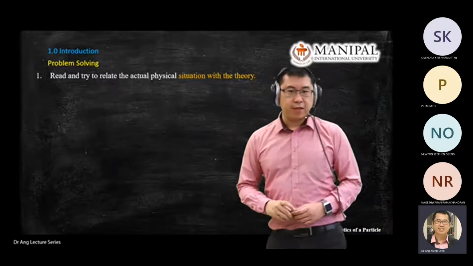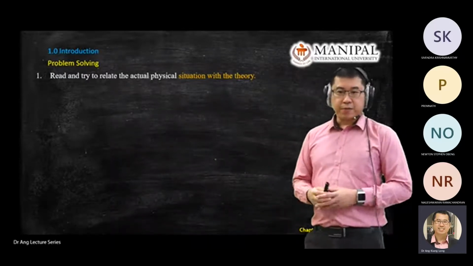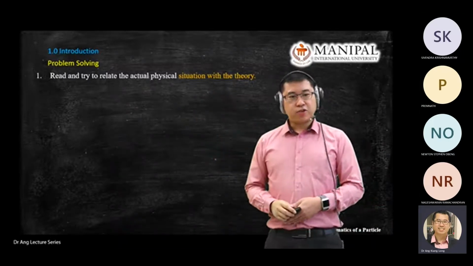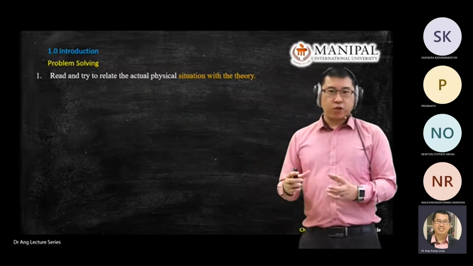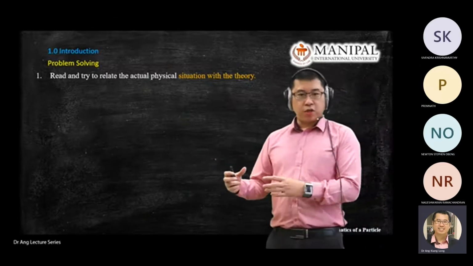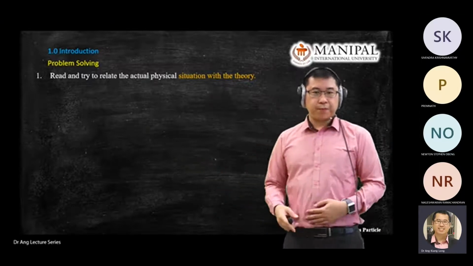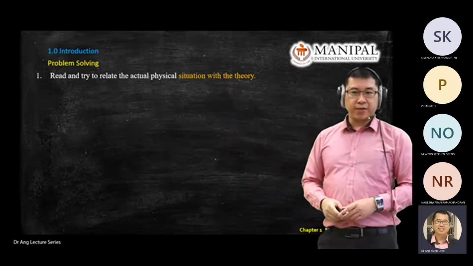When you solve kinematics problems or engineering dynamics problems, first read the question and then try to relate it: this question relates to chapter 1, this question relates to chapter 2, this question relates to chapter 3 and so on. Read the question and relate it to the theory that you learned.